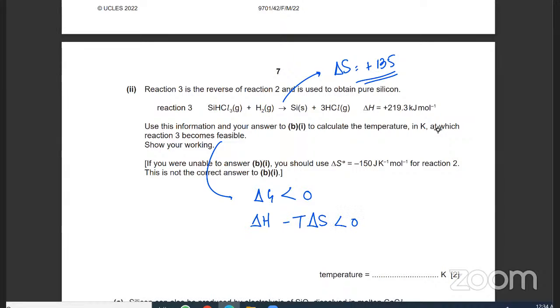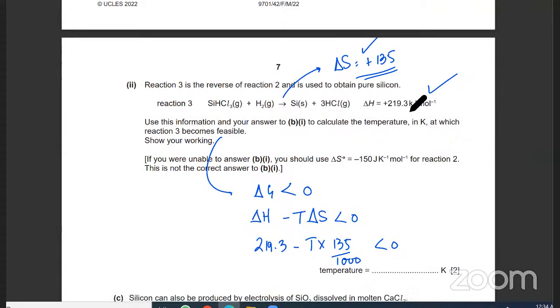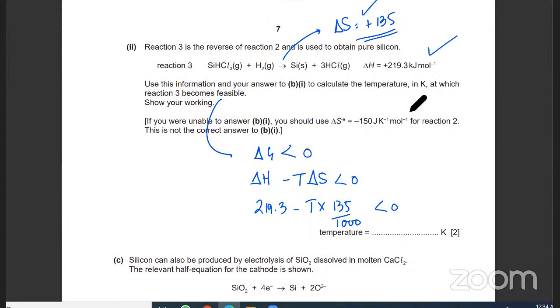Delta H is given, that's 219.3 minus T you're looking for, and the delta S is given, that's 135 divided by 1000. Because that's in joules and this is in kilojoules, so you have to make the unit the same. So you'll just solve this and you'll figure out the temperature.